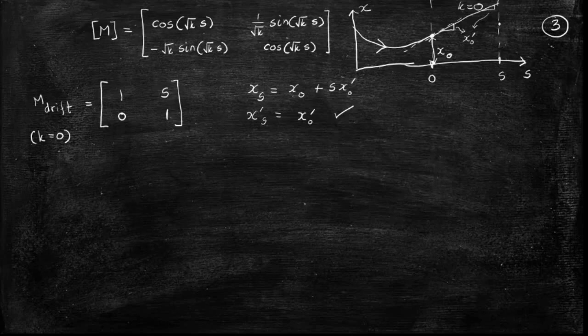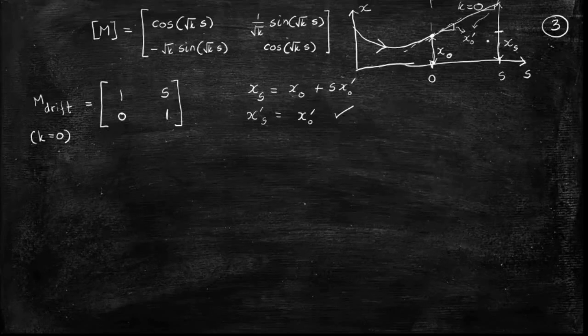Now our next job is to find the final distance of the particle from the nominal trajectory, which we are calling xs. That will just be whatever initial displacement it already had, which is x0, plus the distance it traveled in a straight line multiplied by the slope, which tells you this vertical distance.